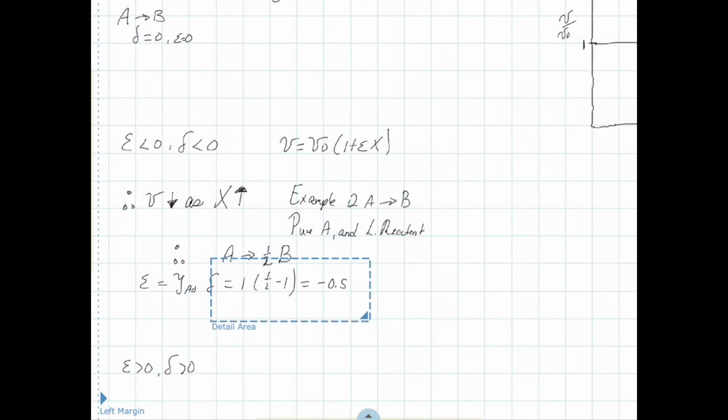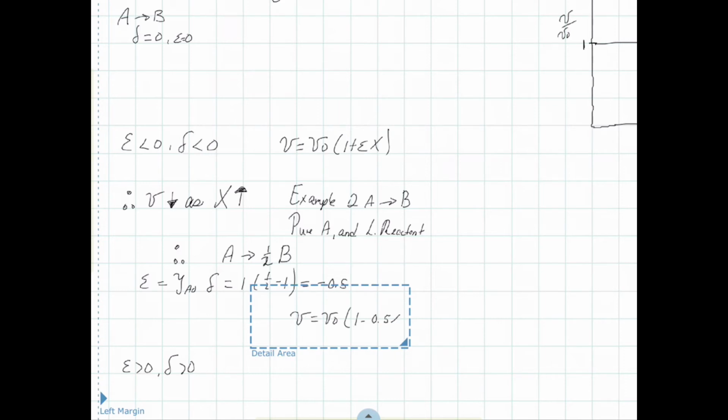Remember that we mentioned that A is pure, therefore the molar fraction equals 1. If we put this back into the equation, we end up with this expression for the volumetric flow rate.